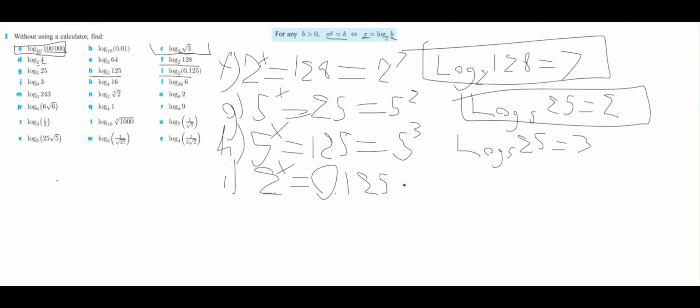And so this is going to be 2 to the power of negative 3, I believe. Awesome. So that's just log base 2 of 0.125 equals negative 3.